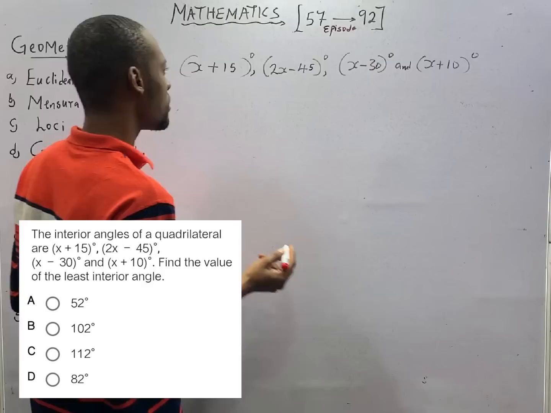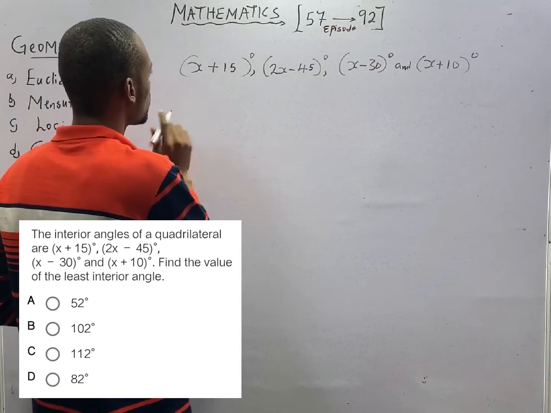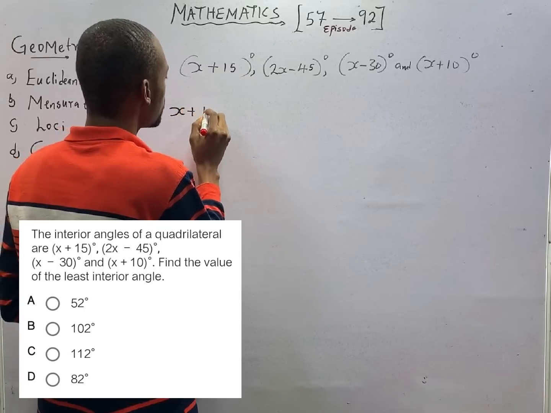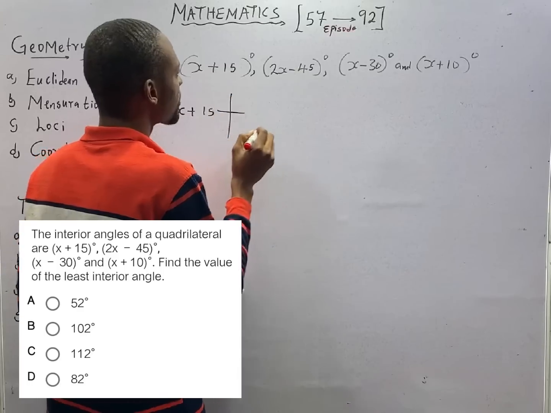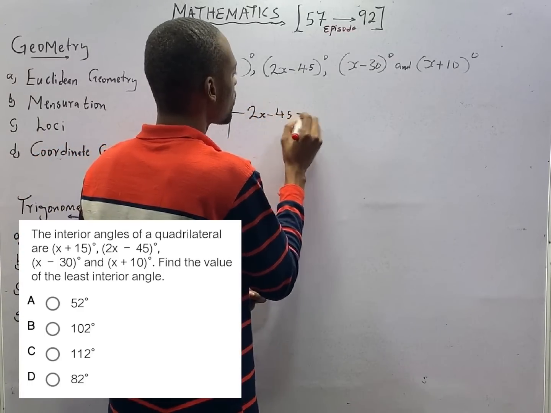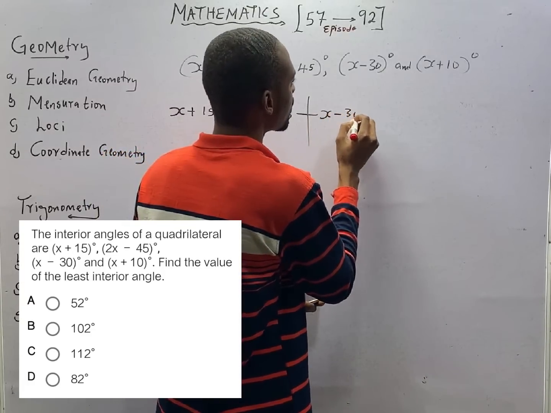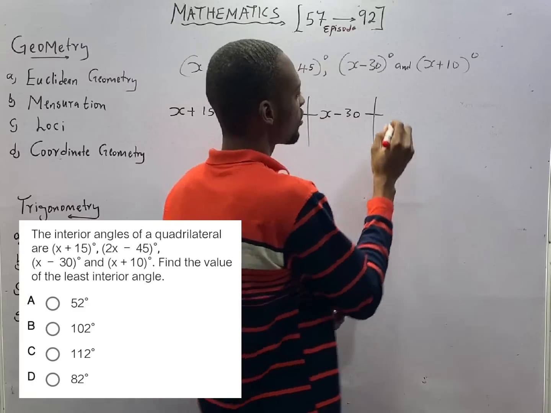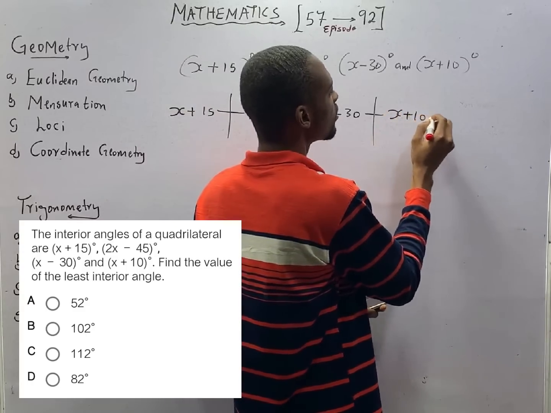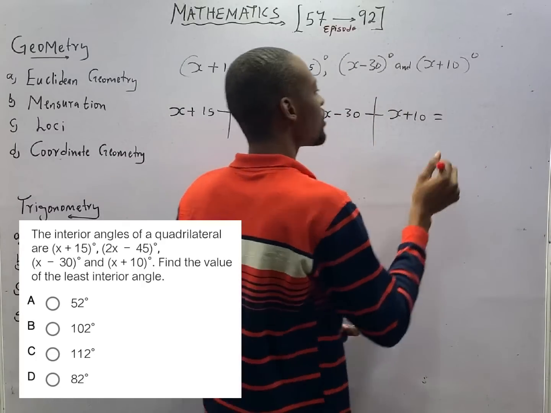The sum is simply s plus 15 plus 2s minus 45 plus s minus 30 plus s plus 10.